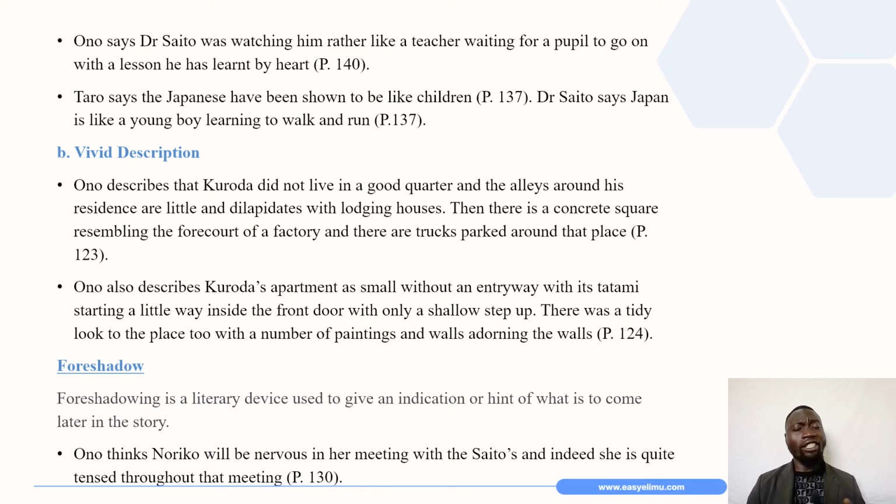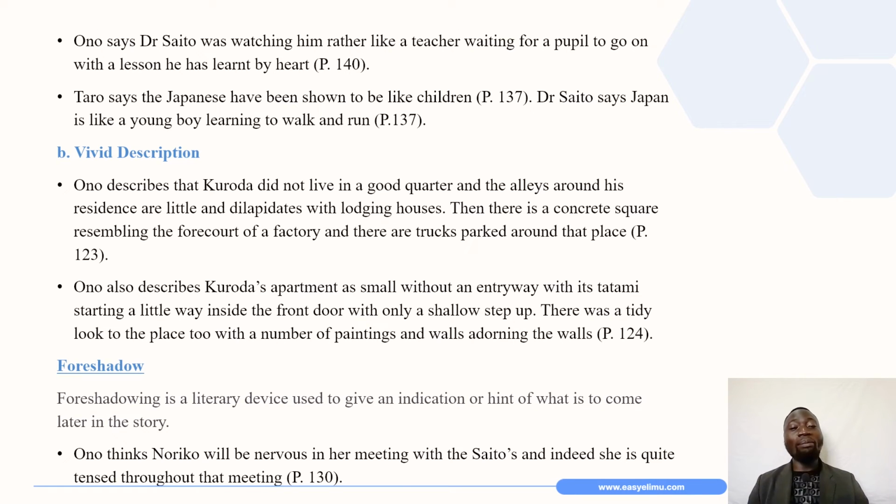So another style under imagery that we are also going to talk about is a vivid description, which involves the use of a visually descriptive language. So under this style, Ono describes that Kuroda did not live in a good quarter, and the alleys around his residence are little and dilapidated with lodging houses. So then there is a concrete square resembling the forecourt of a factory, and there are trucks parked around that place.